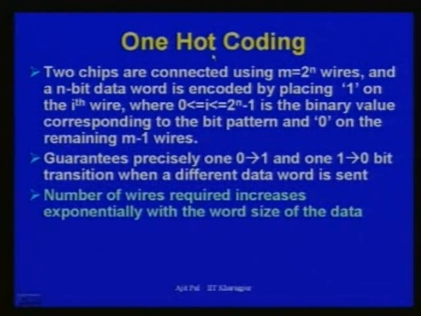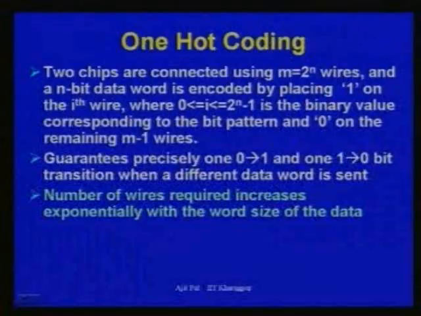One is known as one hot encoding. One hot encoding means only one bit will be 1, remaining bits will be 0. You do the encoding in such a way. So, whenever a transition occurs, there can be at most 2 bit changes whenever you change from one code to another code. So, this is one hot encoding. But here it is actually redundant encoding, because for n bits you require 2 to the power n lines.